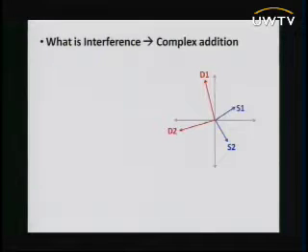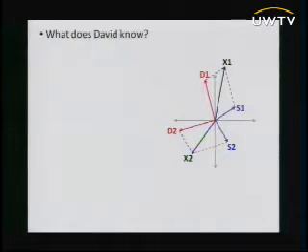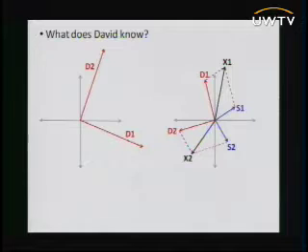Because these signals were transmitted simultaneously, they interfere, and interference can be modeled as complex addition. So D1 and S1 add up to produce X1, and D2 and S2 add up to produce X2. But what does David know at this stage? He definitely knows what complex numbers he transmitted and the angle between them.